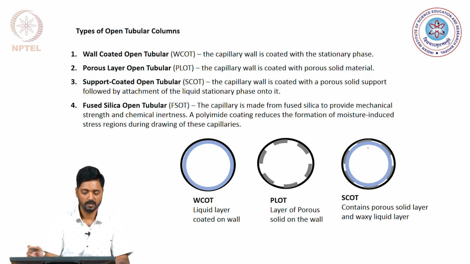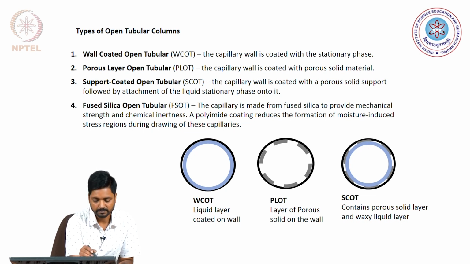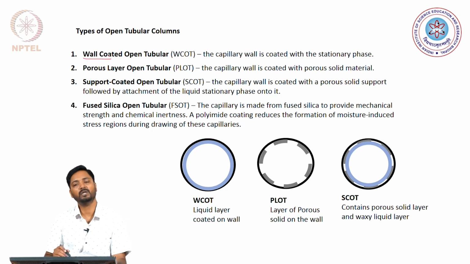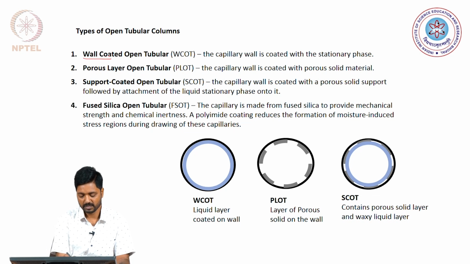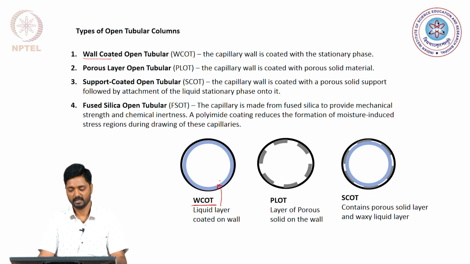For example, one can have a wall coated open tubular, which is abbreviated as WCOT, and this has a liquid stationary phase, indicated in this blue circle, and this stationary phase is coated on the inner wall of the capillary.